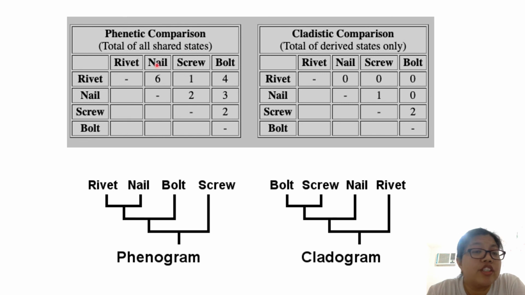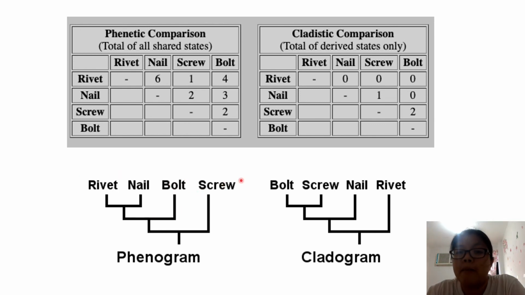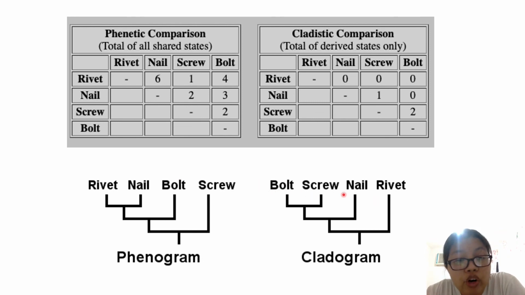Okay, using the comparison tables, it will give us two distinct trees, a phenogram and a cladogram. The phenogram will tell us that the rivet and the nail are most closely related or similar to each other than it is to bolt. And screw is the least similar among the three. But in cladogram, it can give us an idea that among the 4 items here, rivet is the most basic because it has the basic structure.